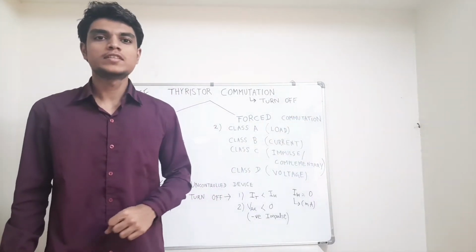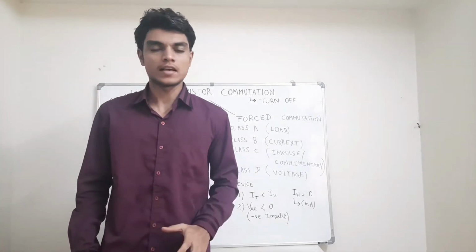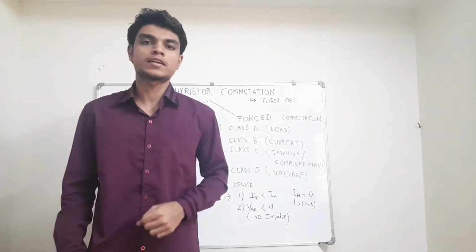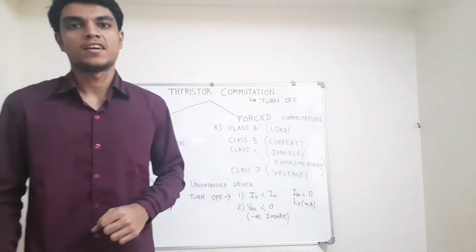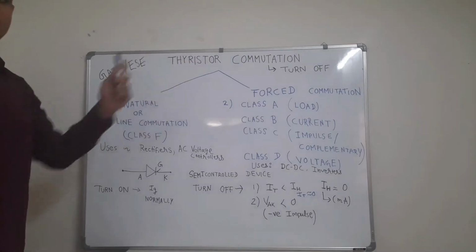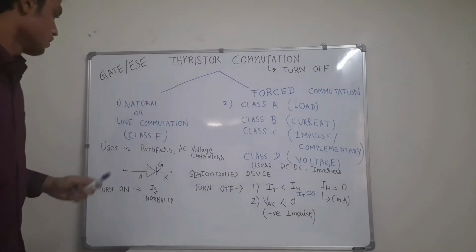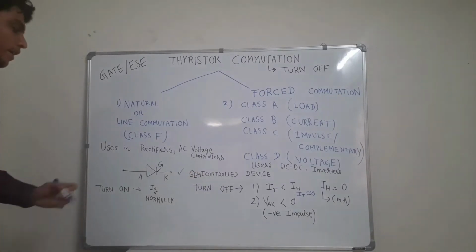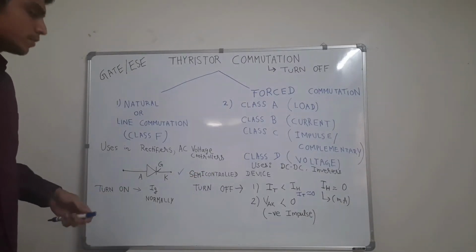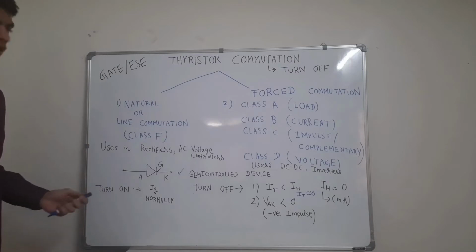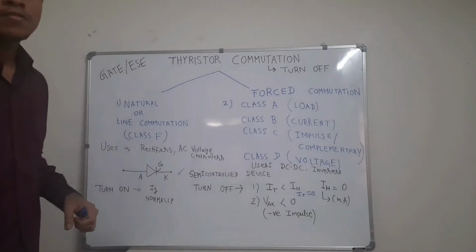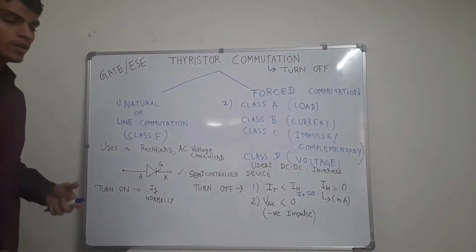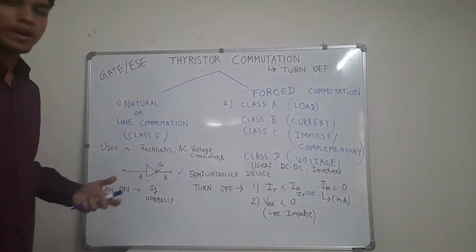In this video, we will see thyristor commutation techniques, classification and natural commutation from GATE and ESE exam questions point of view. So firstly, let's see what is commutation of a thyristor. As we know, thyristor is a semi-controlled device in which the turn off is normally through supplying a gate current or gate pulse, but for turning off, we need some external circuitry because turn off should be in our hand.